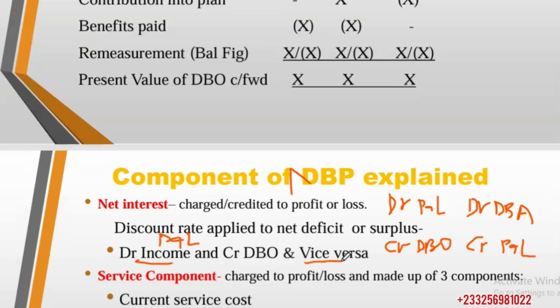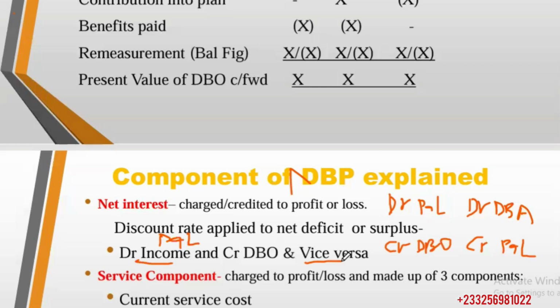Vice versa will be if your net is an income. I say if the net is an income, that's your net interest is an income, you treat it the same way as you treat the income. Are you following?